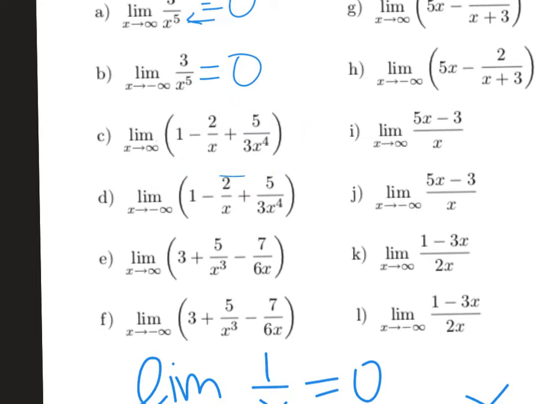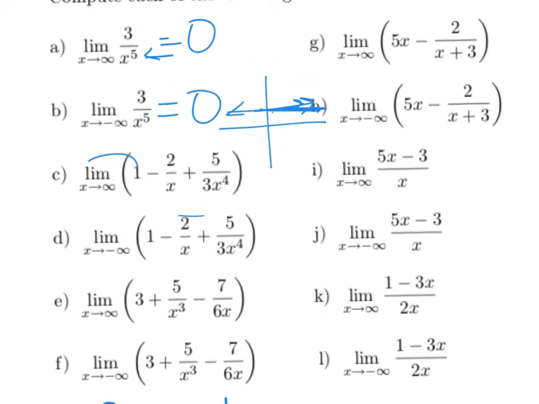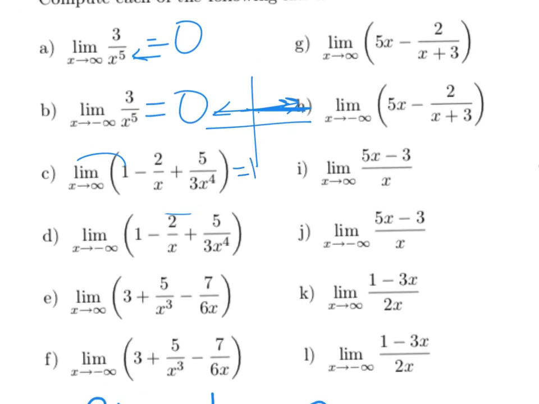Do them all separately. As x goes to infinity for a constant. Let me draw what that looks like. So for this, plus the limit of 2x would be 0, and the limit of 5 over 3x to the factor of just 1.